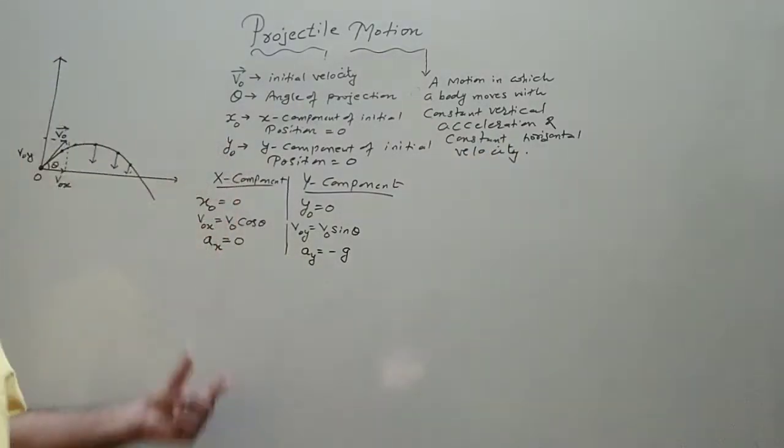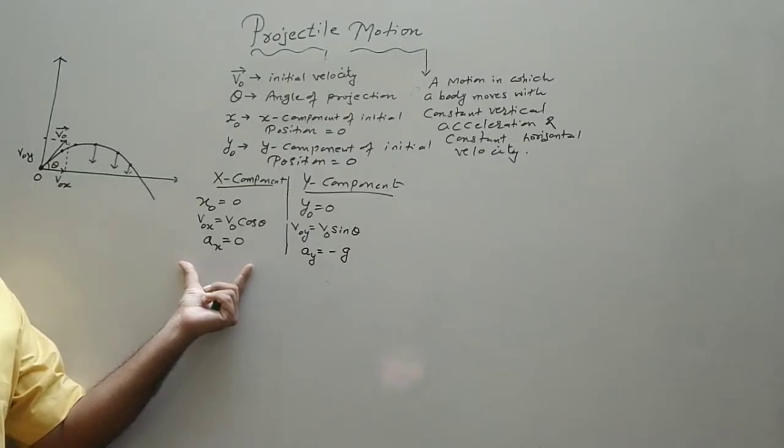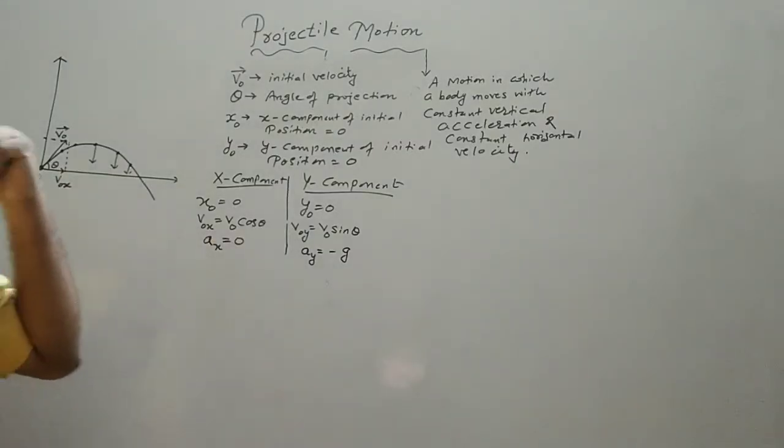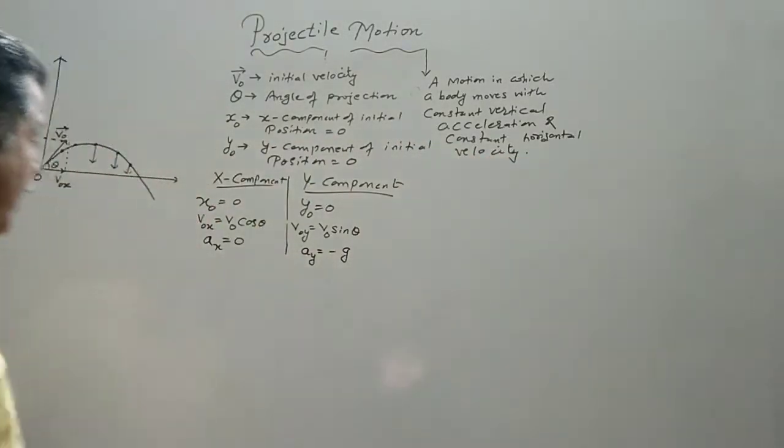Since there is no acceleration along the x-axis, so the horizontal velocity at every point will remain constant.